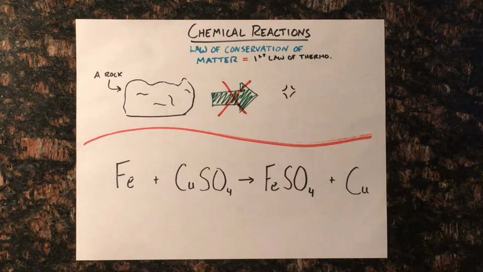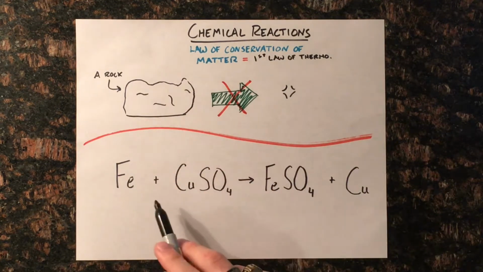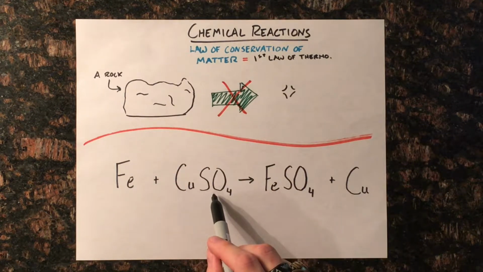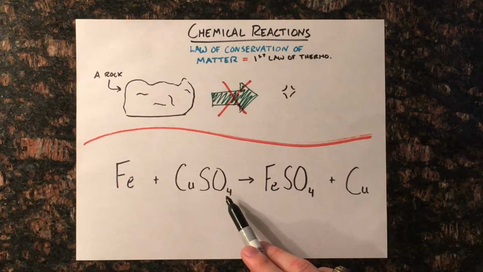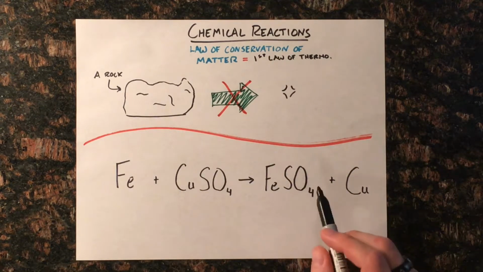Now, the question is, how does the law of conservation of matter, or this idea of retaining all matter, apply to chemical reactions? Well, let's take a look at this one down here. This is one that we will probably see in class, and that you may actually do, where you have some solid iron that's combining with aqueous copper sulfate, and that is going to react and turn into iron sulfate and copper.